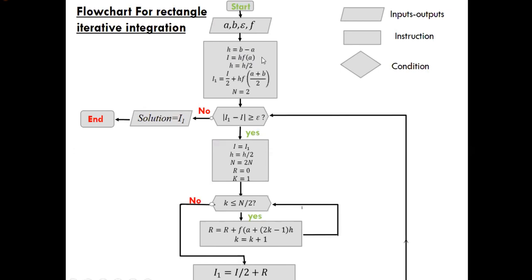So in this case, you get the trapezoidal integration. This stays the same. I mean, this is I over 2 plus h f of h. This expression stays the same. The only difference corresponds to the values of the starting point. Instead of using H f of a, you use H times f of a plus f of b over 2.